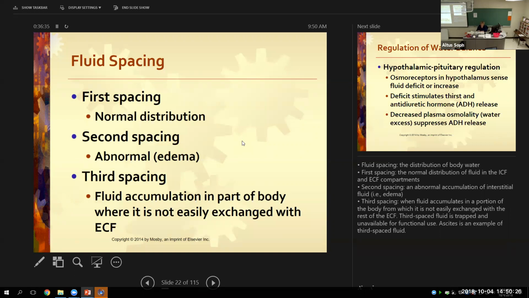So just simple edema is really second spacing, not third spacing. I think I've heard that term, honestly, maybe used a little bit incorrectly during my nursing career. Okay. Third spacing is where it's really pushed out into an area where it's very difficult to get it back.